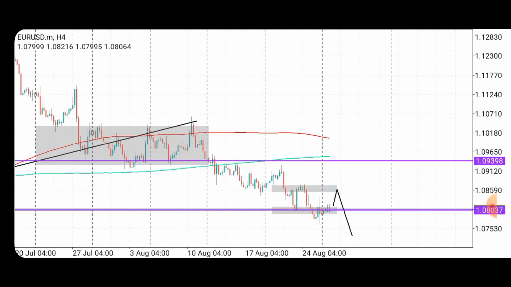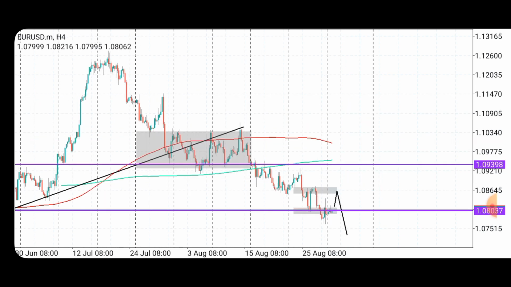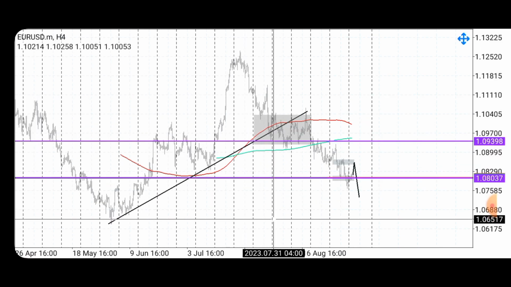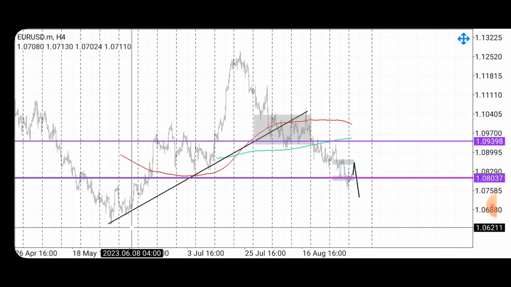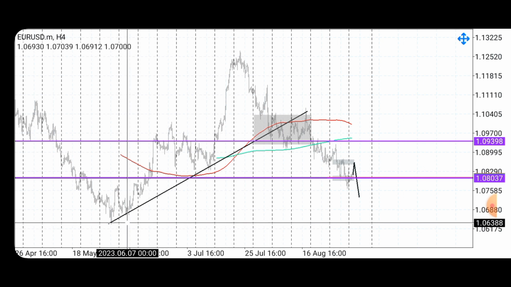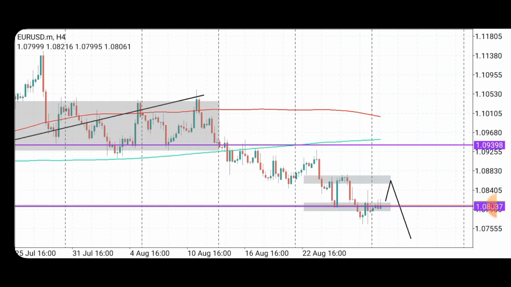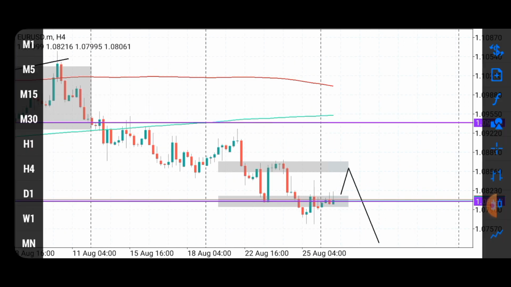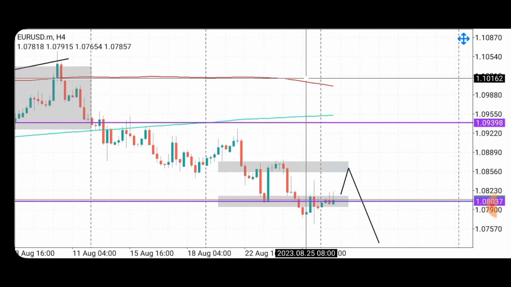What I'm saying is that price is on a downtrend, and we can continue this downtrend until we reach this low here, testing the previous low at the 1.06388 region. There are more sellers in this market, and the moving average is above price.